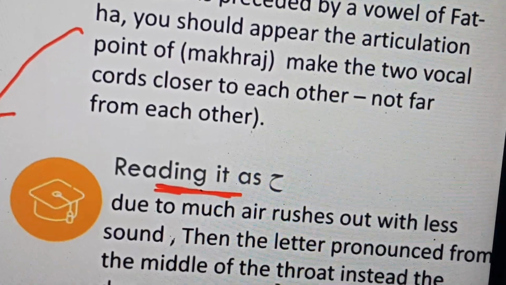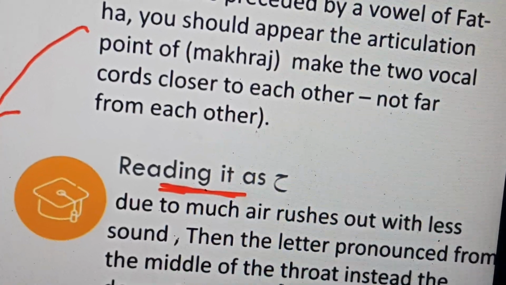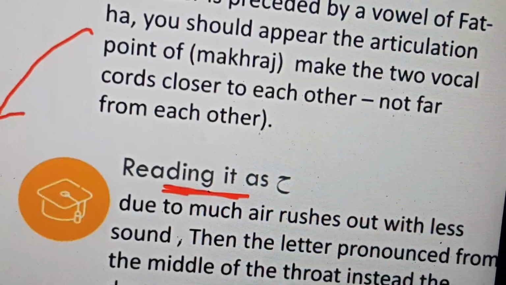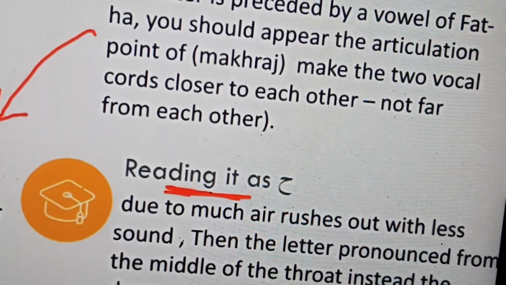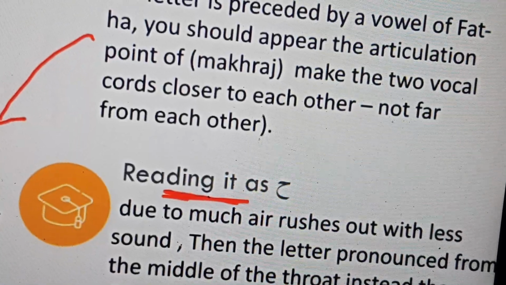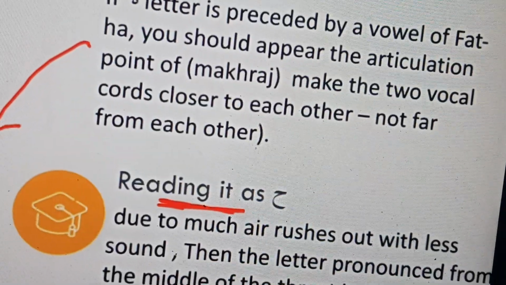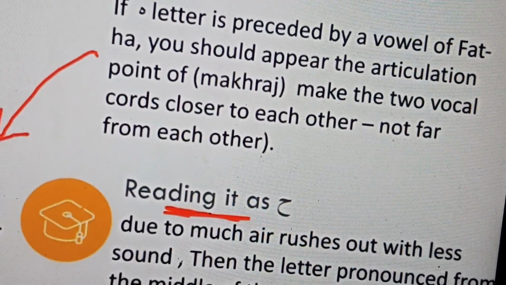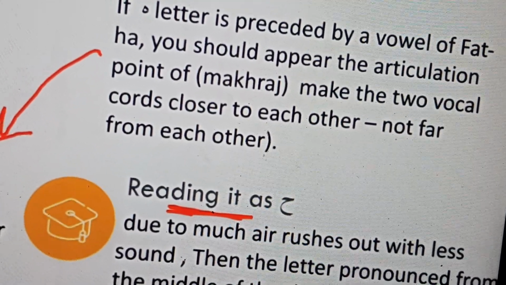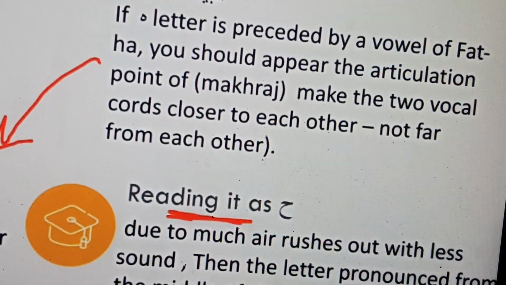Then the letter is pronounced from the middle part of the throat instead of the deepest part of the throat, okay? So this is the common mistake that may happen on reading this letter.